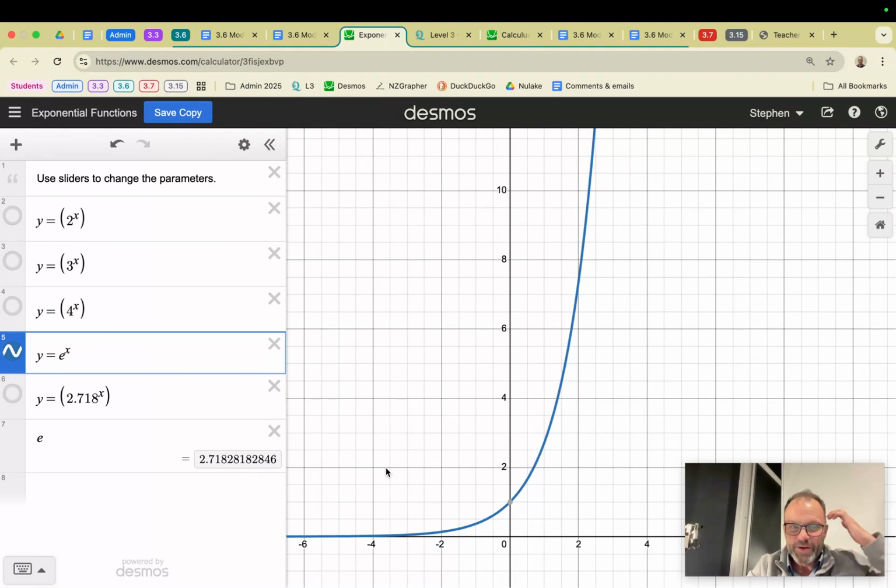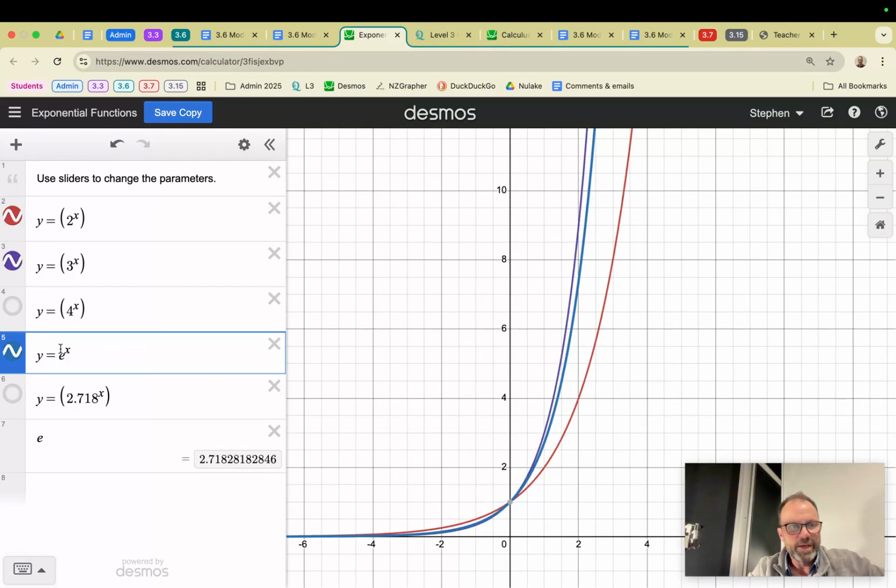You can argue the exponential curve sits between the 2 and the 3 there. Let's give it a different color, yellow. Obviously it's similar to 3 to the power of x, but it's not. I just typed in e, and it gave me e as 2.7182818, and it's not repeating.